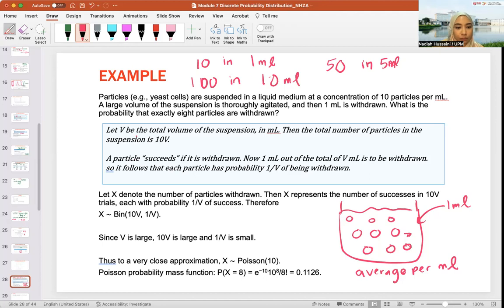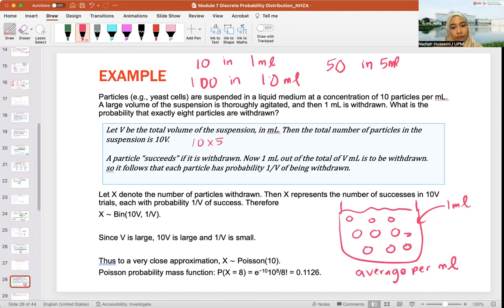So let V be the total volume of the suspension in milliliter. Then the total number of particles in the suspension is 10V. So 10 particles per mil. If you have 5 mil, then it would be 10 times 5, 50. If you have 20 mil, it would be 10 times 20, which is 200. So a particle succeeds if it is withdrawn.